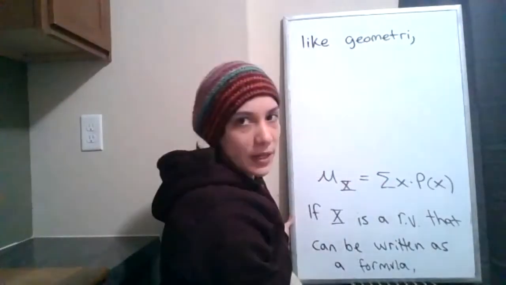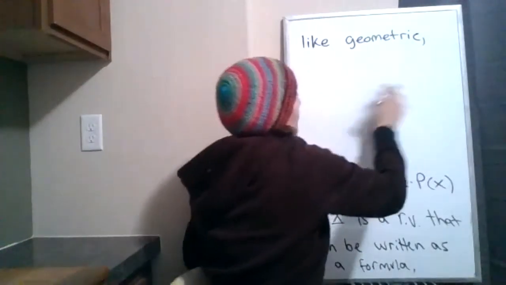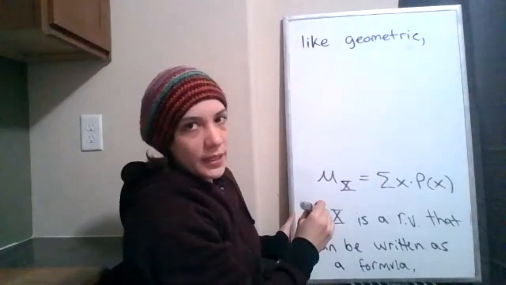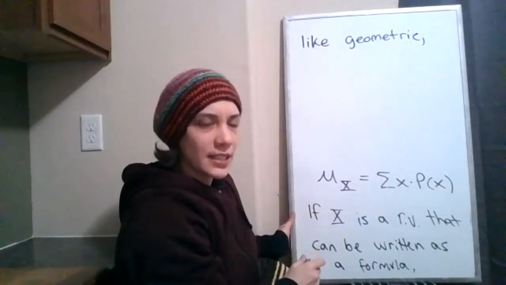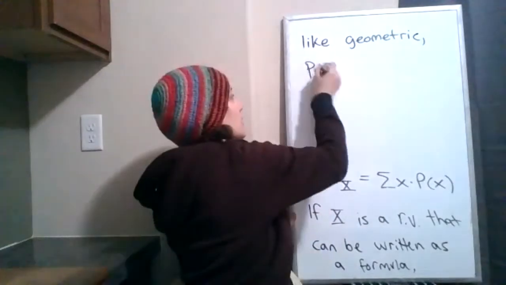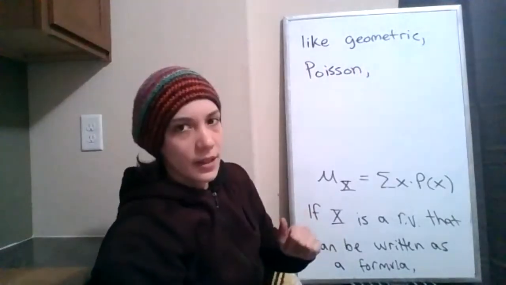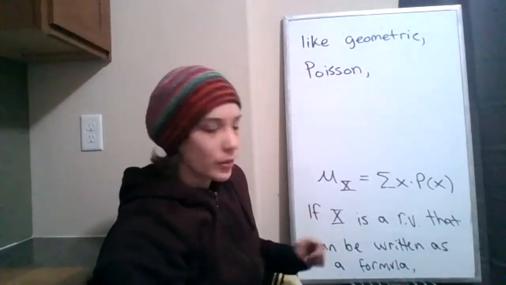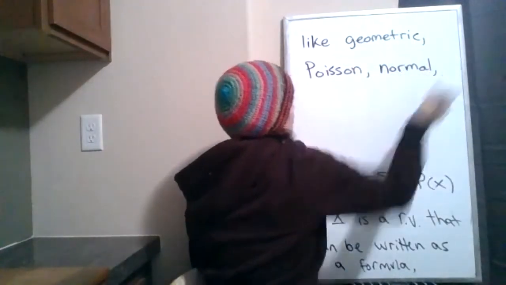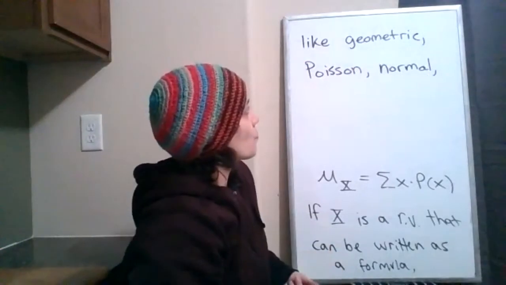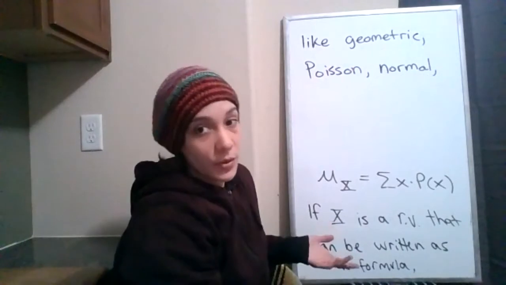There's one called geometric. There's one that's named after, I think, a French statistician. It's Poisson, P-O-I. Poisson. We're going to talk about the normal distribution. There's a uniform distribution.